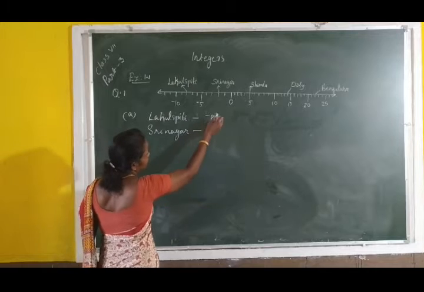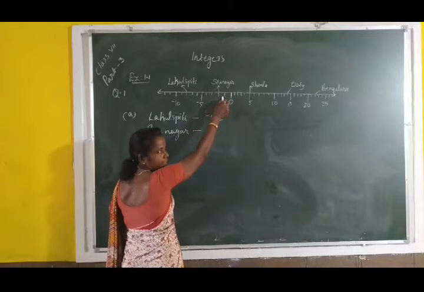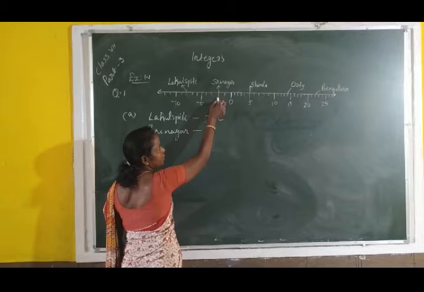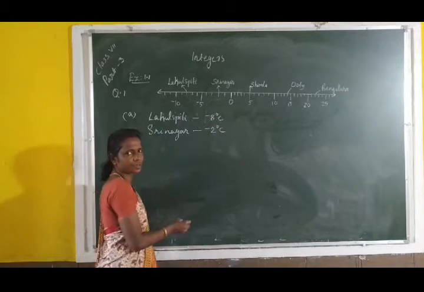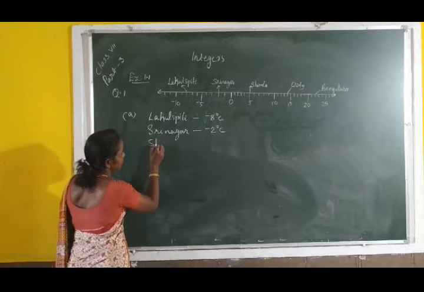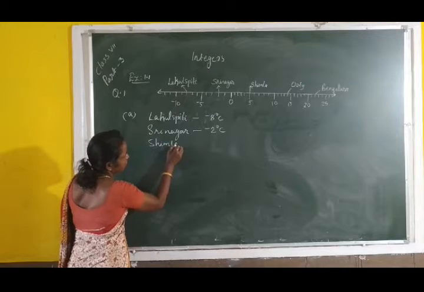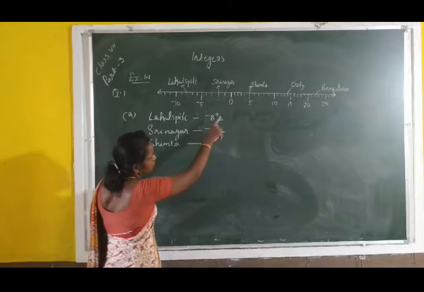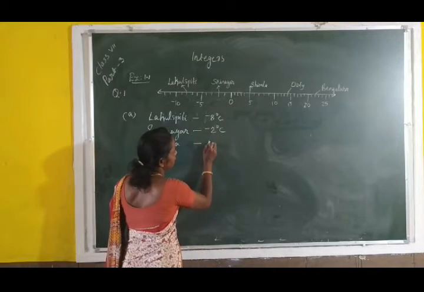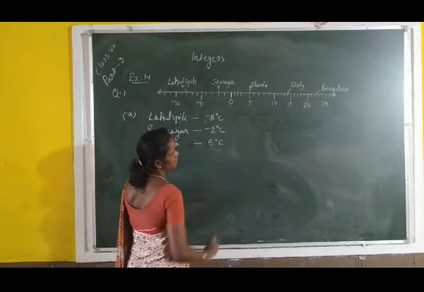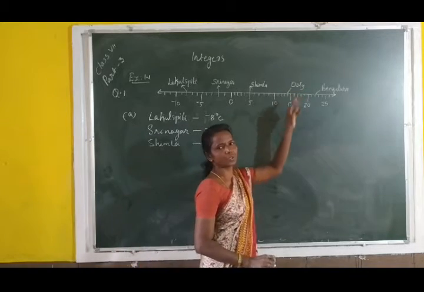Look, this is on the left side of the 0, so negative 1, negative 2, negative 2 degree Celsius. And Shimla, the next. What is the temperature at Shimla? Positive 5 degree Celsius.